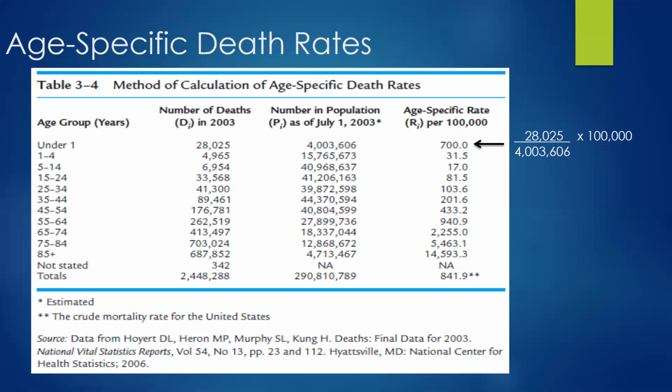And these rates are calculated, as we talked about before, just the number of events over the people at risk, which in this case is that entire population. And here we multiply it by 100,000. That's often how we report mortality rate. So 700 deaths per 100,000 population in the under 1 group in the US.